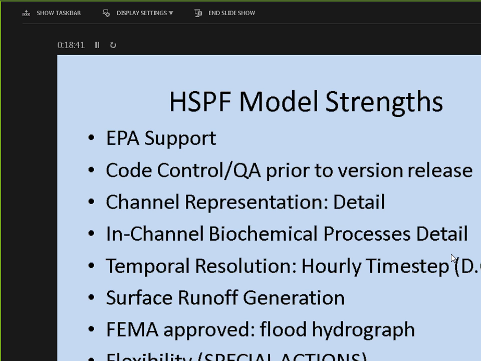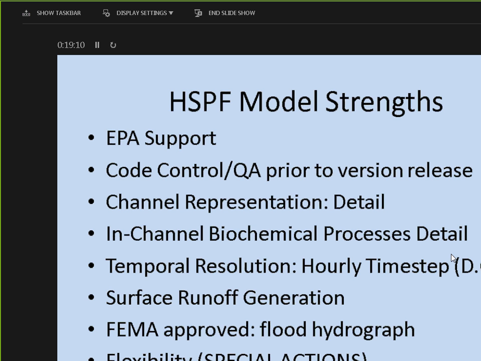If there was something you wanted to add that wasn't in there, as long as you know Fortran, you can add any process you want. Obviously, you need a conceptual model first before you can add it to a computer model.